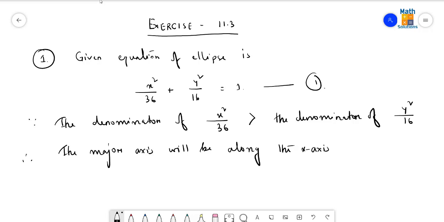That means it is very clear that when the denominator of this quantity is bigger than that of this one, then the x-axis will be the major axis. If the reverse thing happens, if this denominator is bigger than this one, then the y-axis will be the major axis.